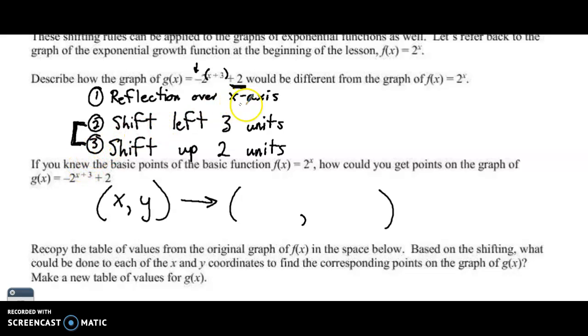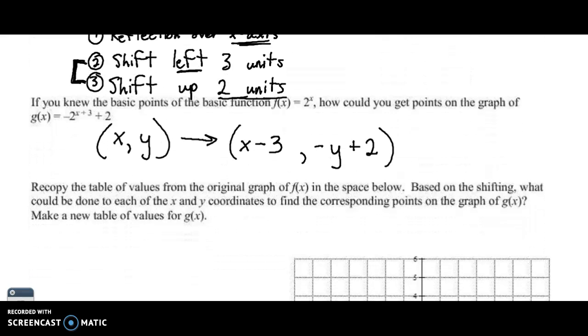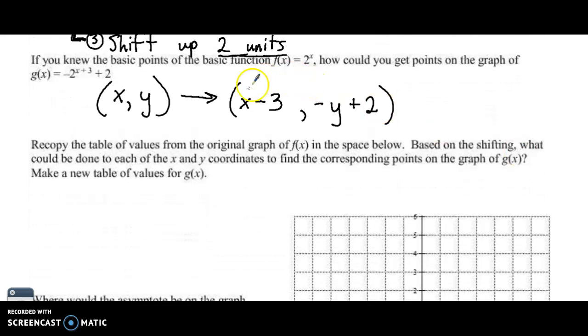So remember, flipping over the x-axis negates the y value, and then shifting up 2 units will add 2 to those values. And then because it's x plus 3, that's shifting left 3, the x-coordinates need to be the opposite, x minus 3. And hopefully you remember doing this from a lot earlier in the semester.